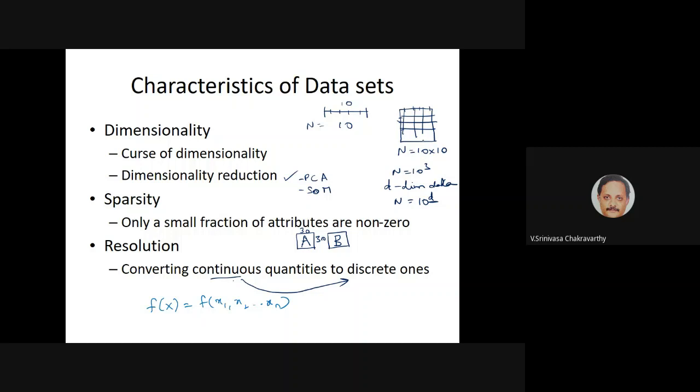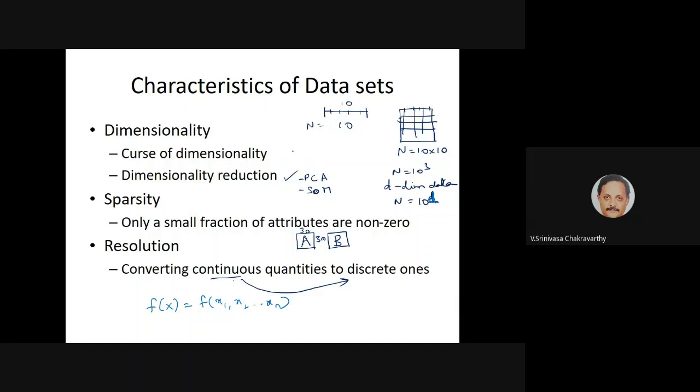If I want the same level of resolution, then I'll require 100 points. Similarly, if it's 3D, it becomes 10 cubed and so on and so forth. So for d-dimensional data, the amount of data that you will need is 10 to the power d. So you see that the data requirement under these conditions will increase exponentially with the dimension.